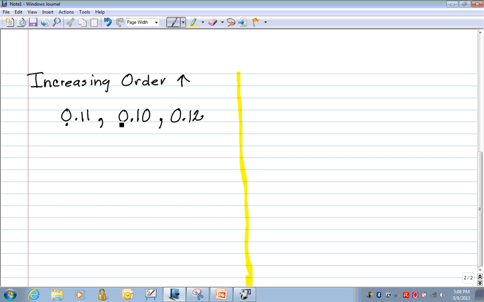If I look at my whole value number, my ones place, they're all zeros, so they're all equal. I need to look at my next place value over, and they are all ones. When I move to my hundredths place value, then I see a 1, a 0, and a 2. The smallest number out of those three is 0, so I would write that number first, 0.10.